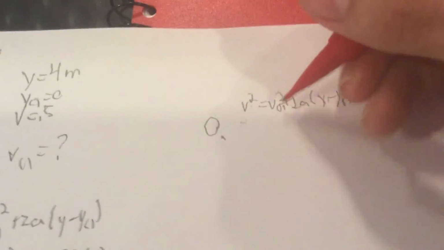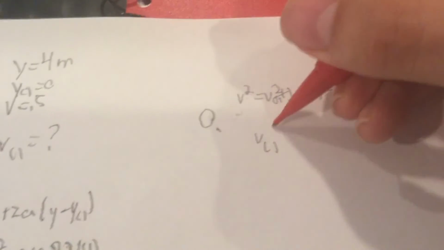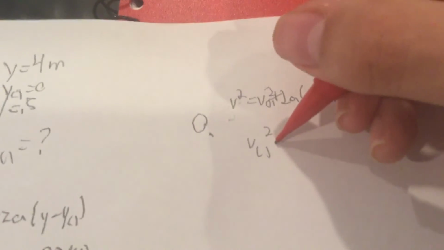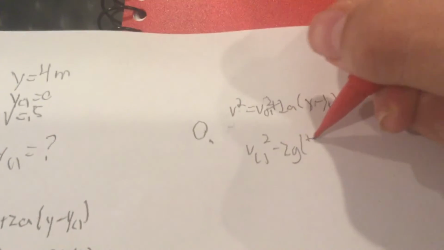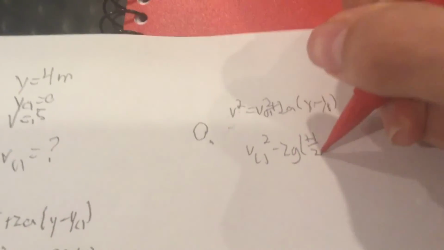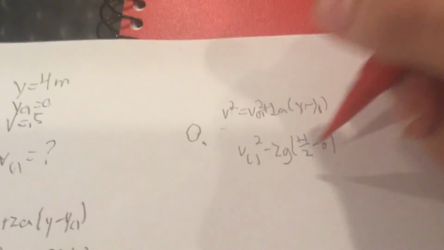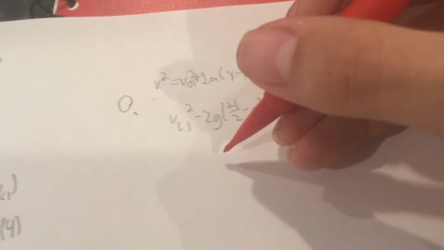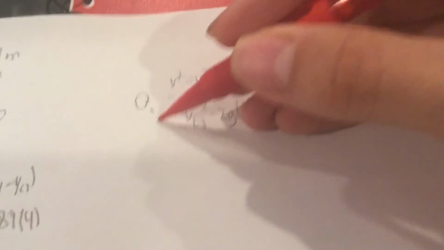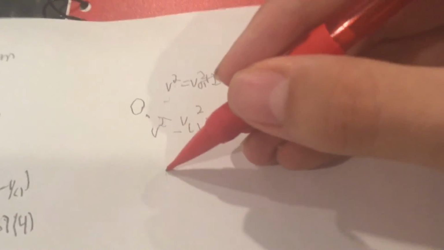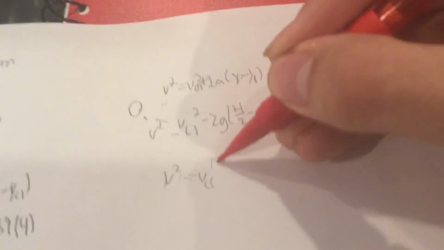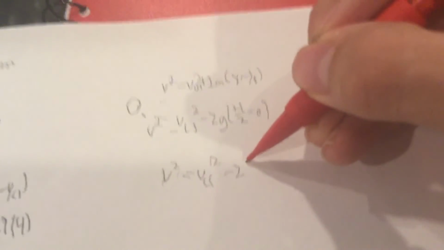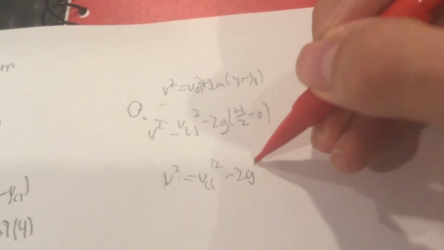So we have v naught squared minus 2g times h over 2 minus 0 equals v squared. So v squared equals v naught squared minus 2g times h over 2.